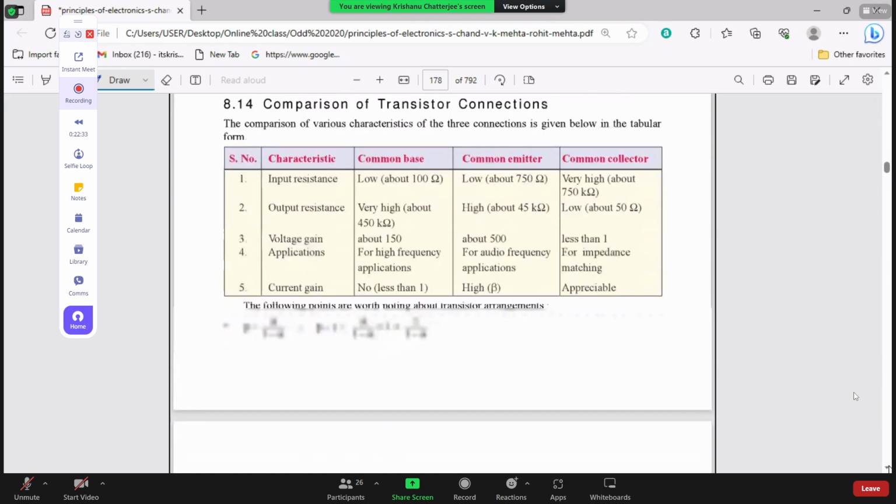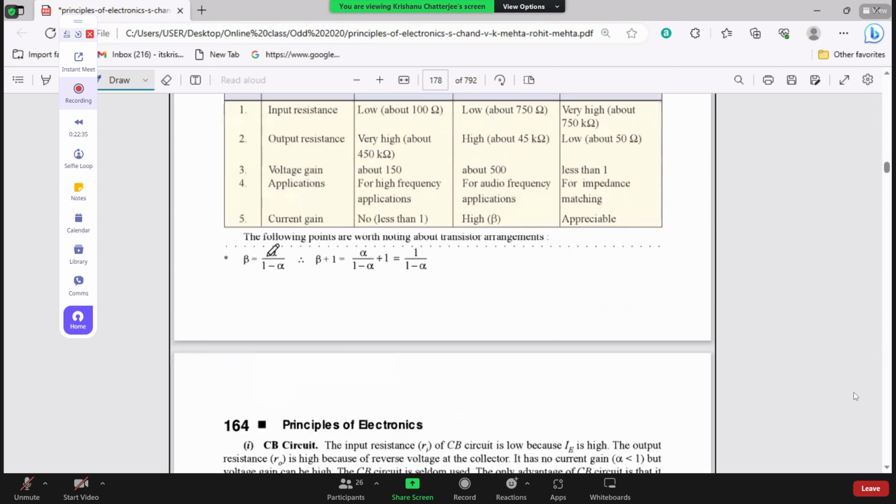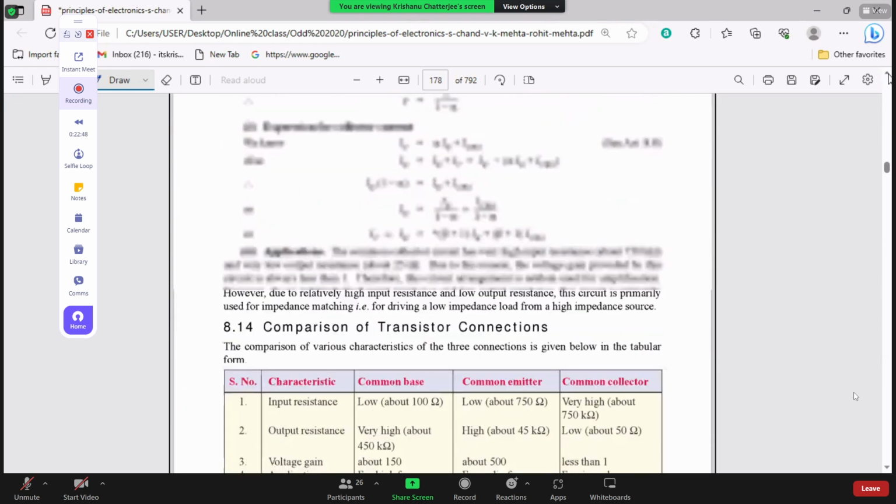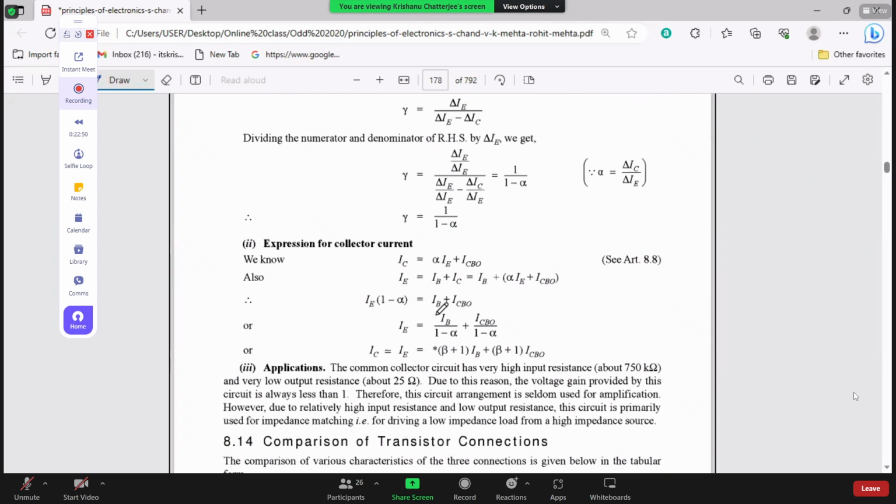If beta equals alpha by 1 minus alpha, we just add plus 1 over here and plus 1 over here. We will get beta plus 1 equals 1 by 1 minus alpha. Okay. So in the expression, what we are getting is 1 by 1 minus alpha over here also. So this beta plus 1 into IB and beta plus 1 into ICBO, that is equal to IE, the expression of the emitter current.